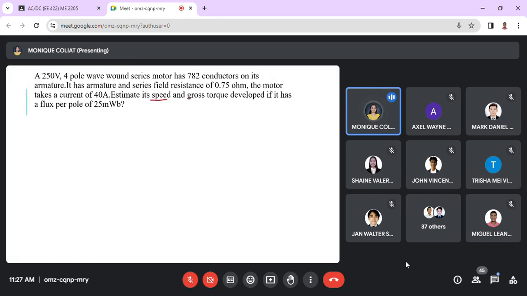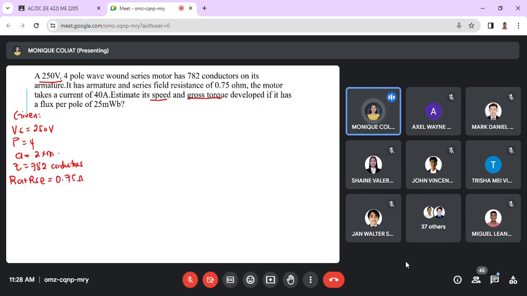Okay. So, ang mga given, meron 250 volts. So, that is the 4-pole wave wound series motor. Wave wound, that is wave, which is 2 times M. And conductors natin, 782. Then, armature and series field resistance, so RA plus RSE, which is 0.75 ohm.